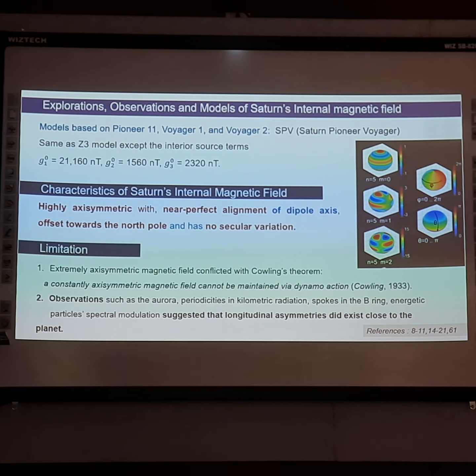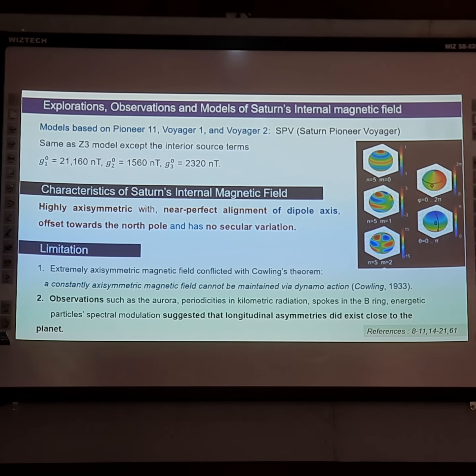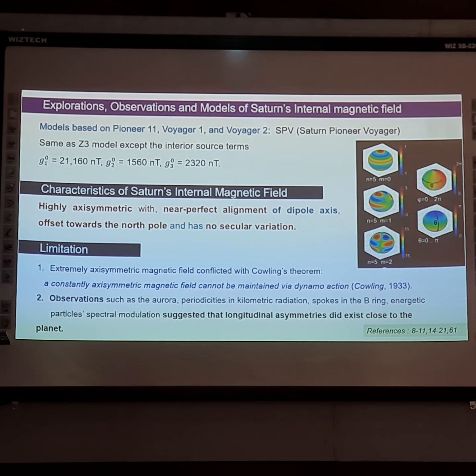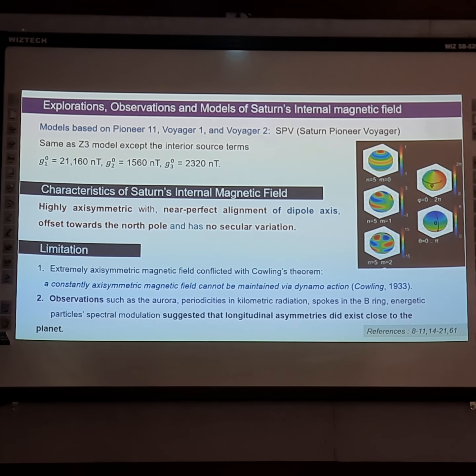most challenging, because there is a theory in electrodynamics that if a magnetic field is created by dynamo action, then we cannot get perfect symmetry. That challenge was posed in 1903. A constant asymmetric magnetic field cannot be maintained through dynamo action.